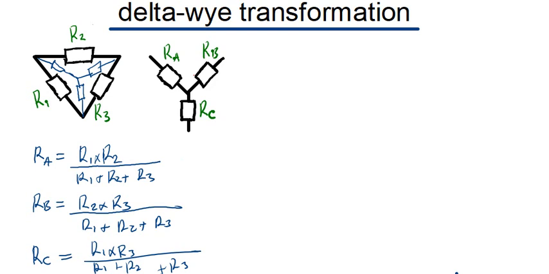Okay, so now let's look at how we perform the Y back to delta. Let's draw it here, and then I write another one there.